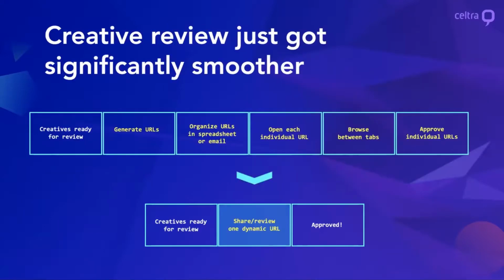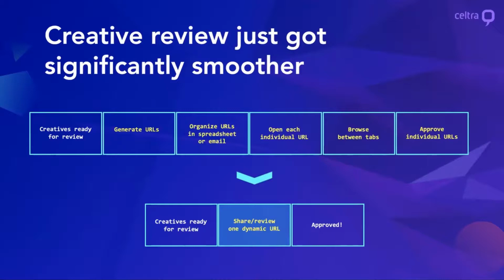That said, the creative review process right now has been cumbersome. I've experienced it myself internally when we do demos with a lot of creatives, a lot of different variants. They're ready for review and you think you're done, but then you have to generate, I don't know, 10, 15 links, organize them neatly, typically in an online spreadsheet or in an email.